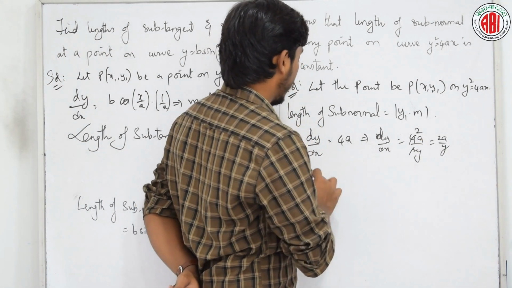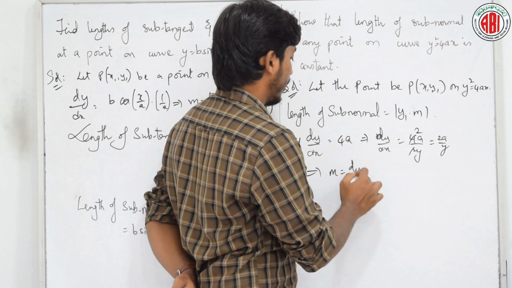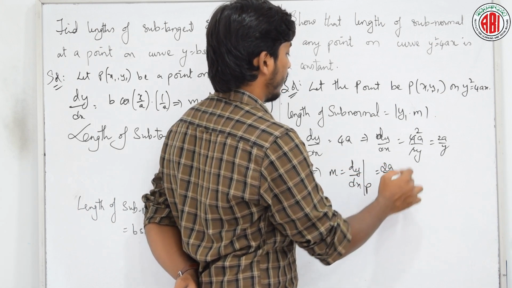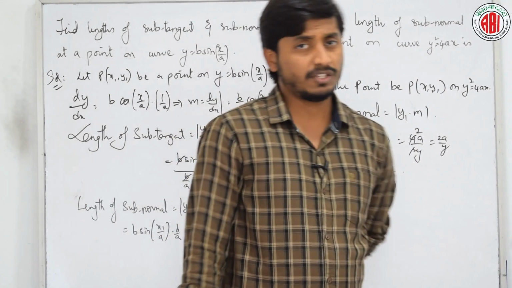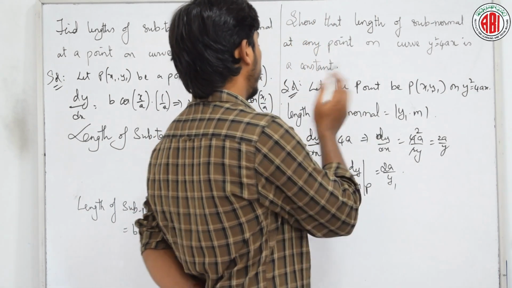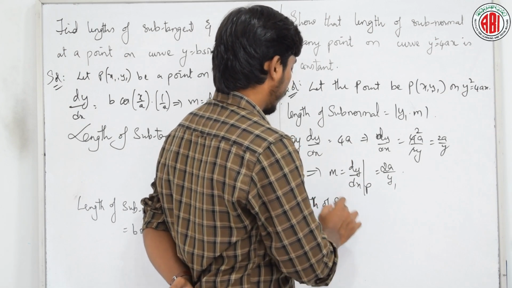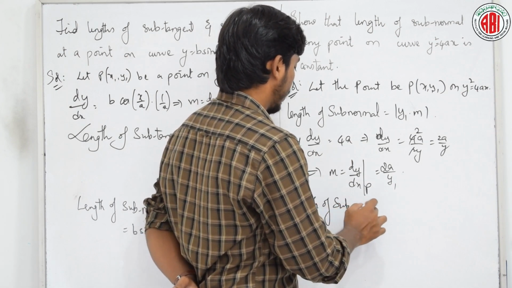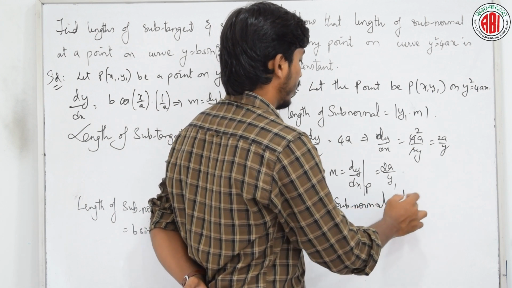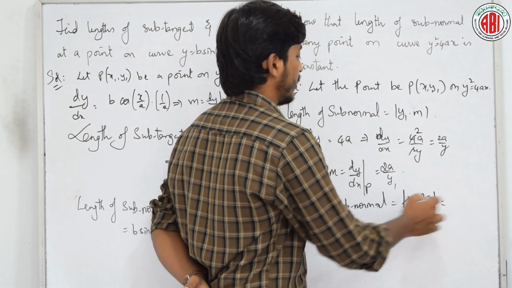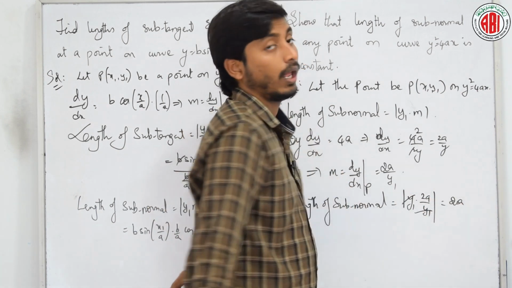Similarly, m will be dy by dx at that point, that is 2a by y1. Is it okay? Now let us substitute in the formula, the length of subnormal is equal to mod y1 into m. Both get cancelled and it is equal to 2a.